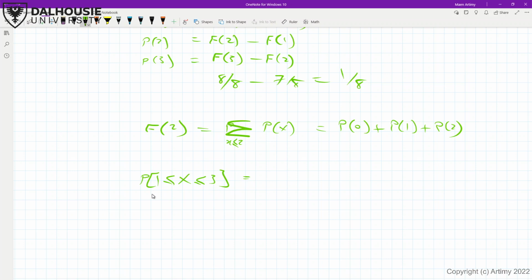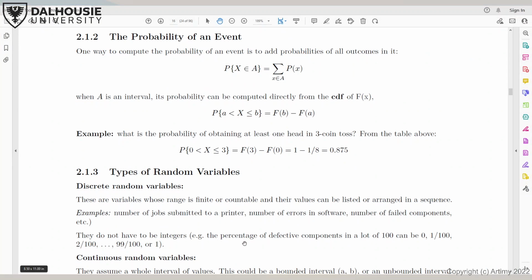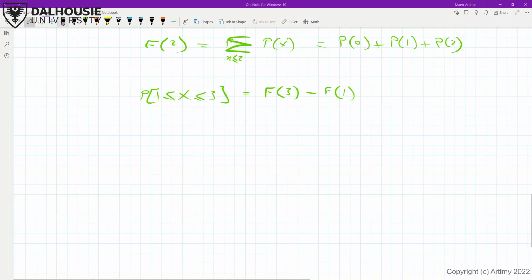So we could say this is exactly like f of 3 minus f of 1. Well, we have to be careful here. It has to be something greater than 1 and less than or equal to 3.